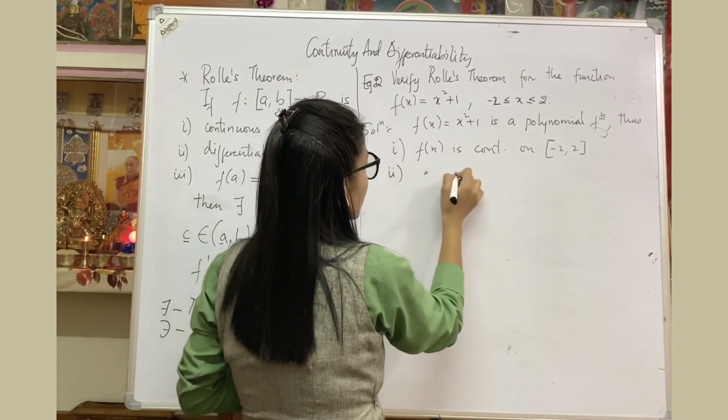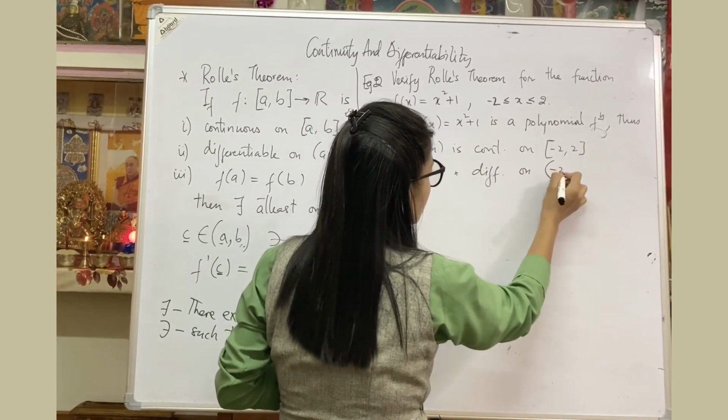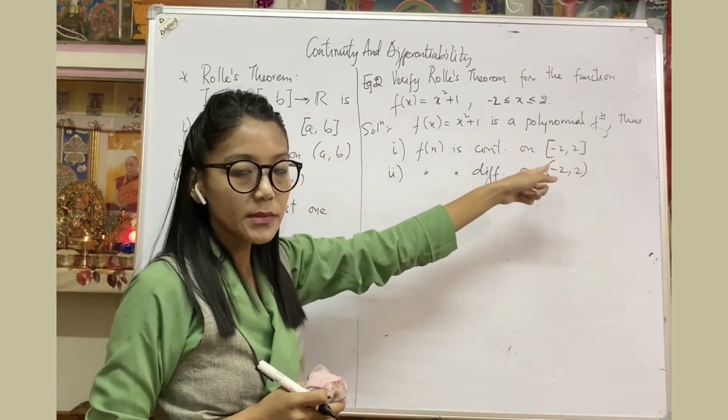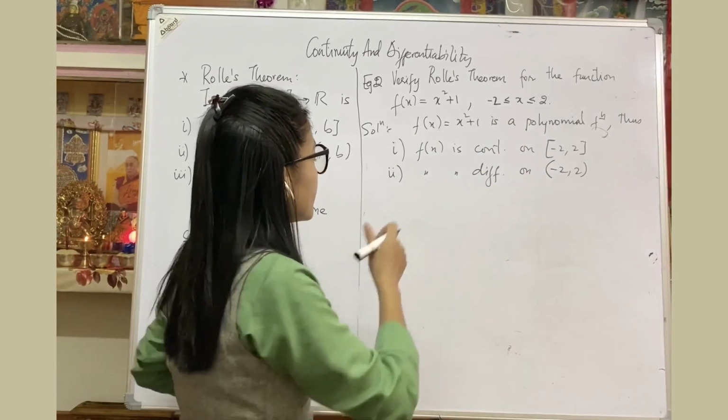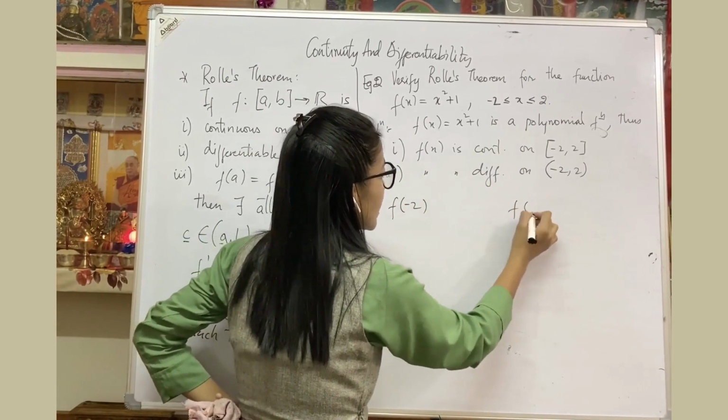Number 2, f(x) is differentiable on the open interval -2 to 2. Now you have to take the correct intervals, and then you have to find f of -2 and f of +2.